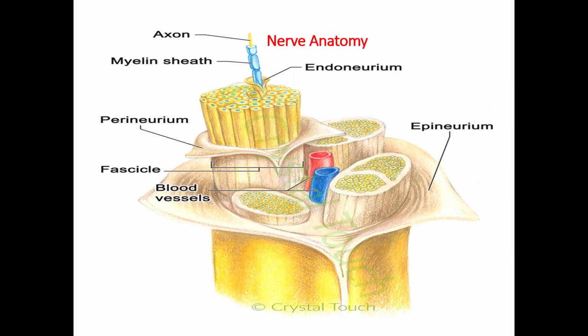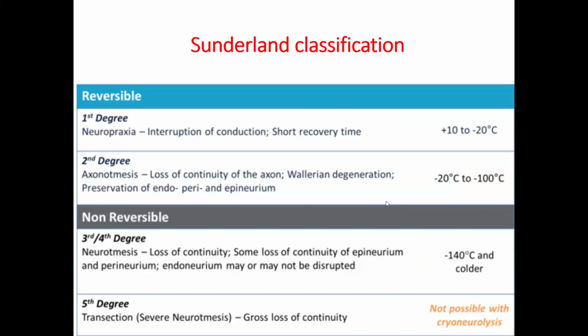Okay, this is the Sunderland. So this is the nerve anatomy: myelin sheath, endoneurium, perineurium, fascicles, and blood vessels here. And then wrapping up the whole nerve is what we call epineurium. Okay, the Sunderland classification is important for nerve lesions. Now, reversible nerve lesions are first degree and second degree.